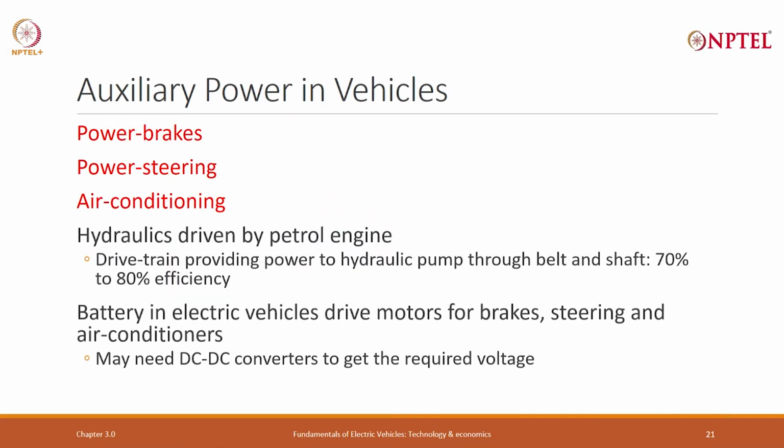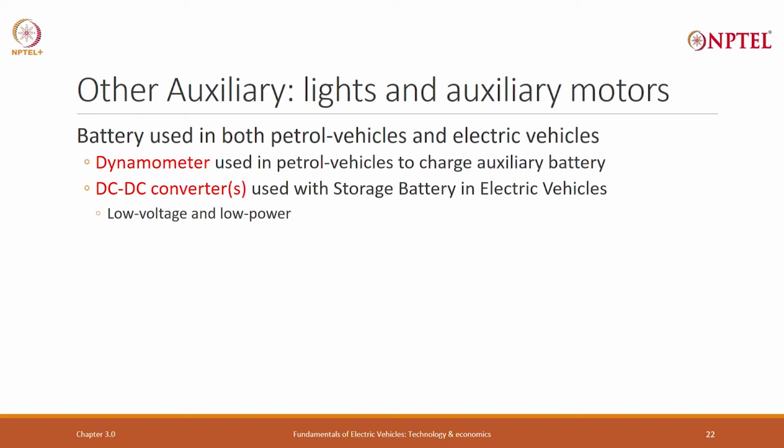Not so with electric vehicle. In an electric vehicle, you use motors for brakes, motors for power steering and motors for air conditioners. Essentially, electricity driven motors will do this. You may need DC-DC converters to get the required voltage. But power brakes, power steering and air conditioning are not the only thing.